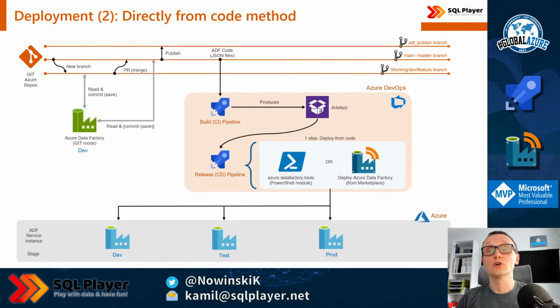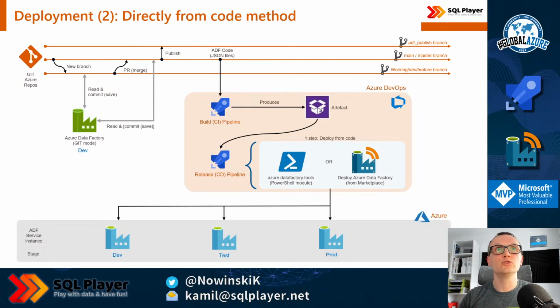Or you can use the tools I created a year ago, which is the Azure Data Factory Tools PowerShell module that will do everything for you with one command. Or you can use the extension from the Marketplace. You can install it completely free. Both of those tools are completely free. You can install the extension to Azure DevOps, which is Deploy Azure Data Factory.